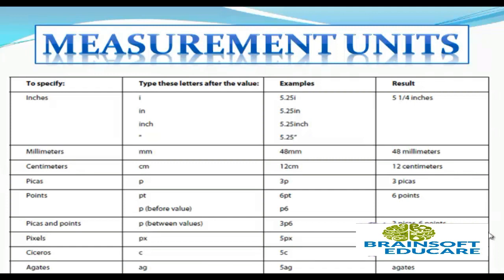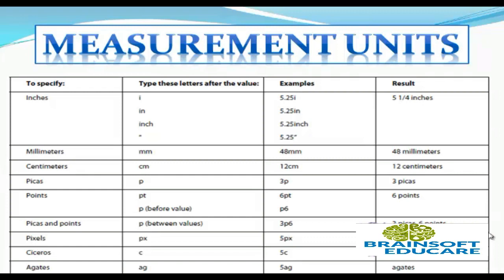In millimeters, mm, for example 48 mm means 48 millimeters. In centimeters, we can write cm, for example 12 cm means 12 centimeters.